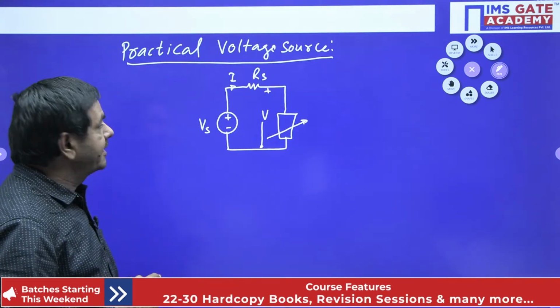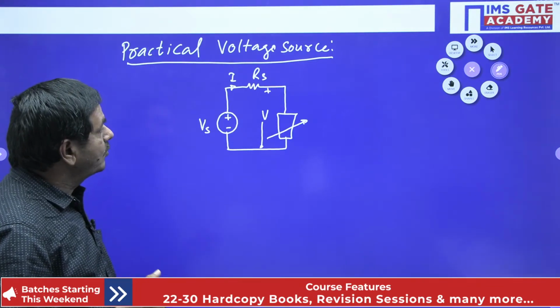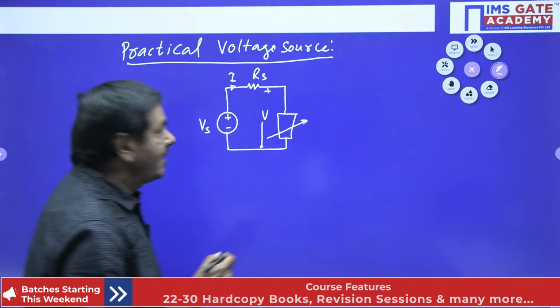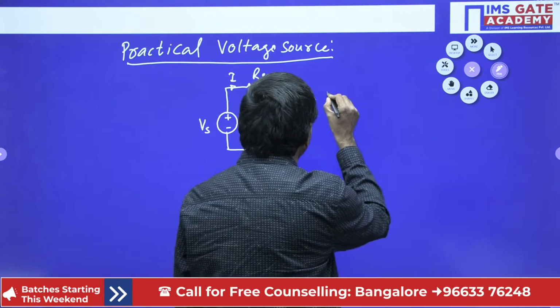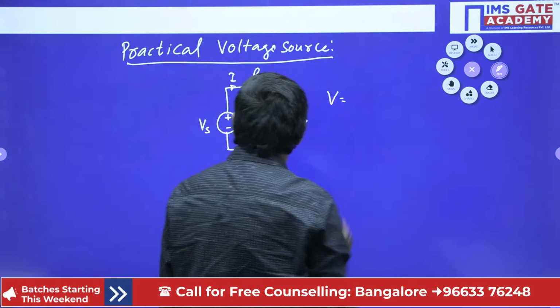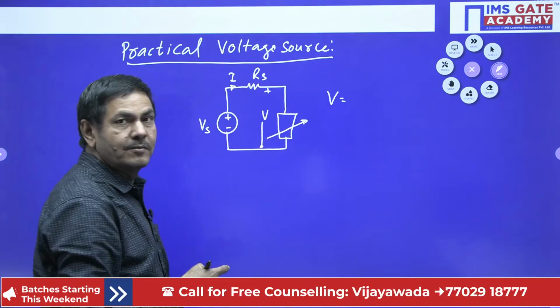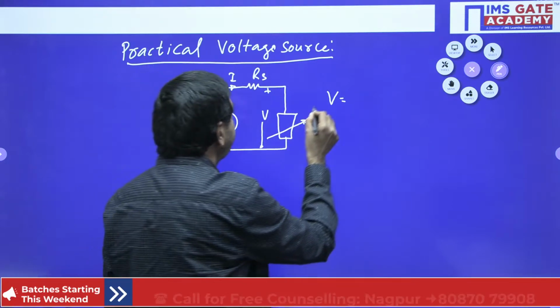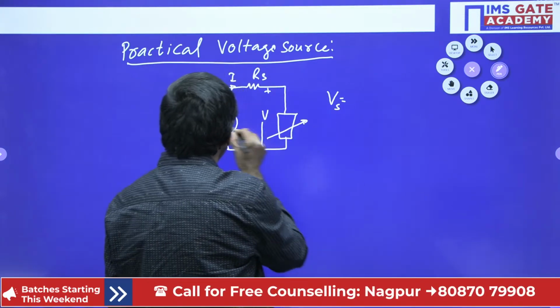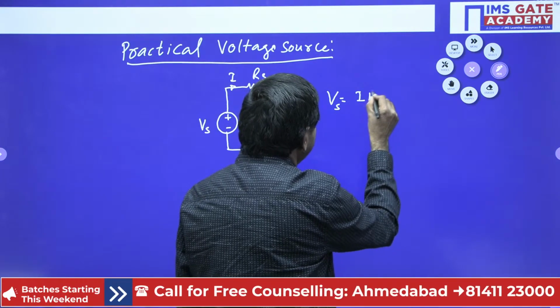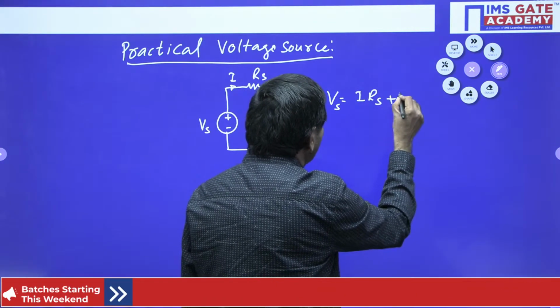But here I am asking, how can we calculate the value of V from the given network? The value of V we can find this way. Because Vs equals voltage across Rs plus V. I am saying Vs equals I into Rs plus the load voltage.